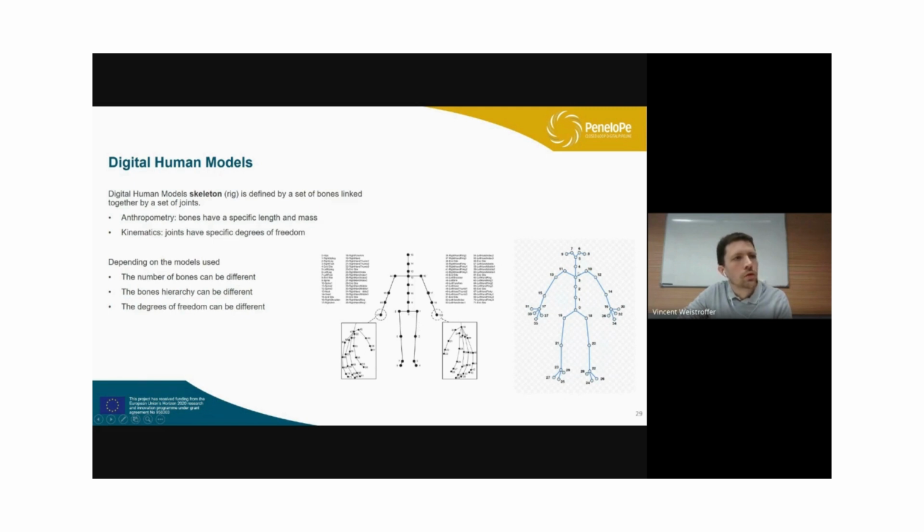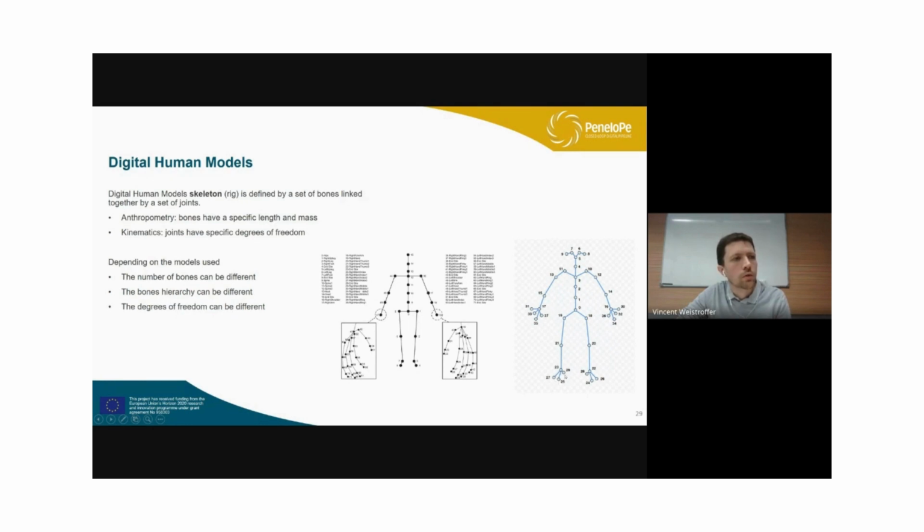On the right side, you have a different skeleton definition. It's the one used by the Stereolabs body tracking. As you can see, it's quite different. The feet are defined with different body IDs. So you have the foot tip.